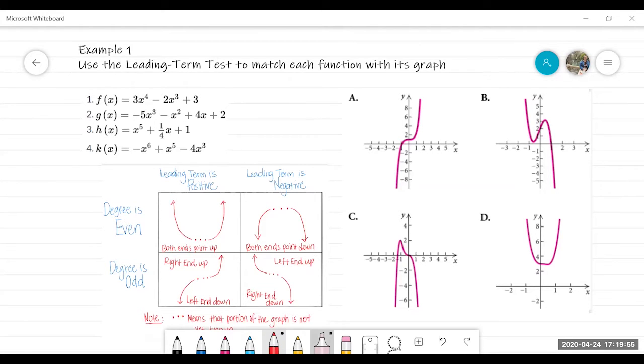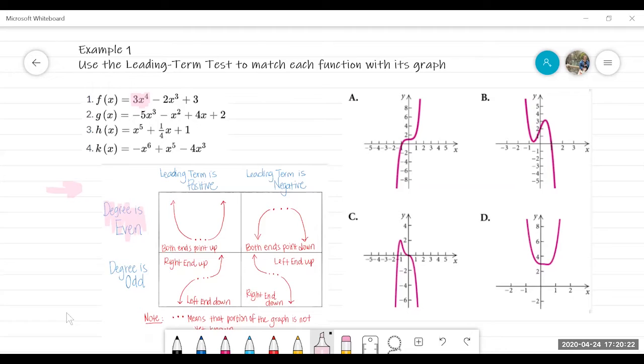With the first one, again, we're looking at the leading term. So what is our leading term here? It's this 3x to the fourth, right? So we want to figure out which category this falls into when it comes to this test down here, okay? So we have a degree 4, so that's this even category, right?